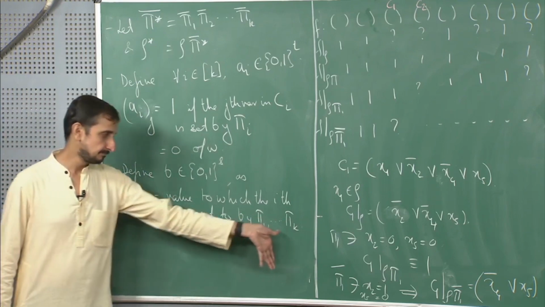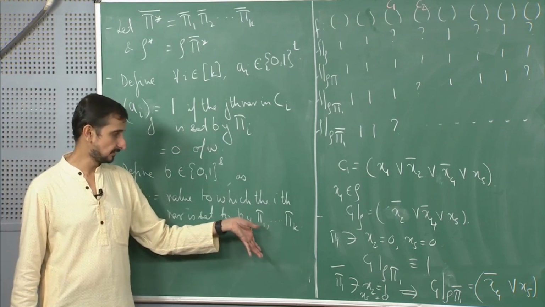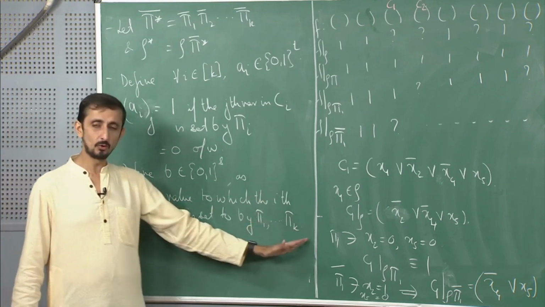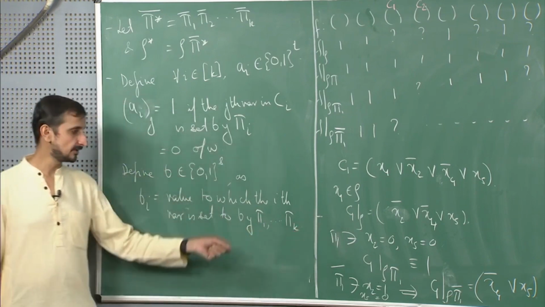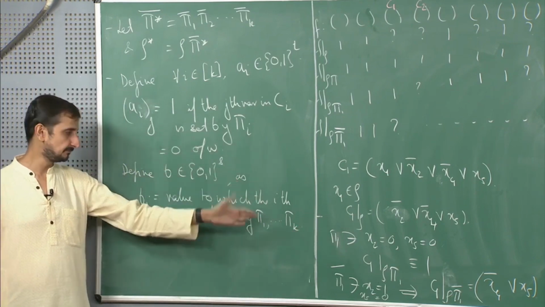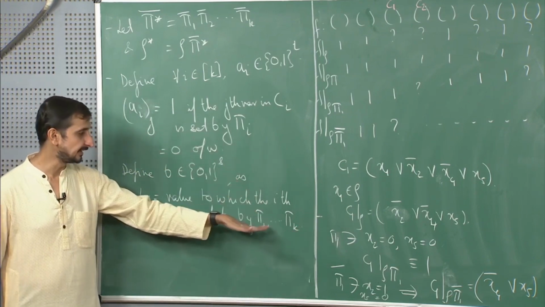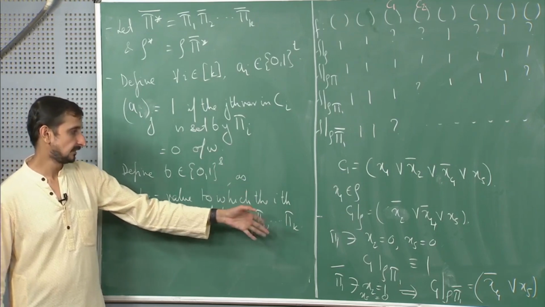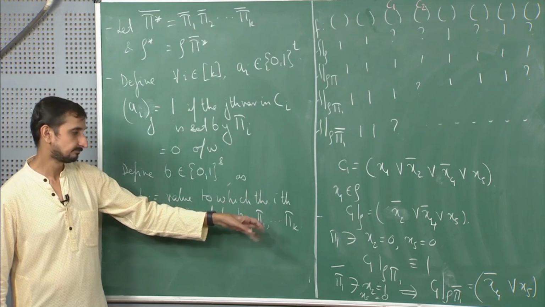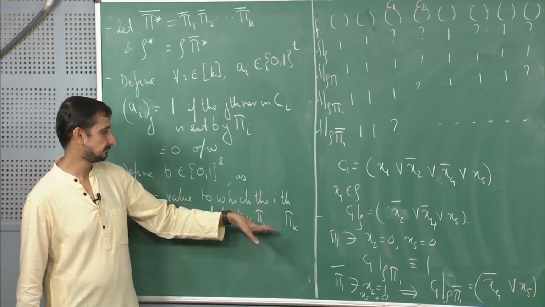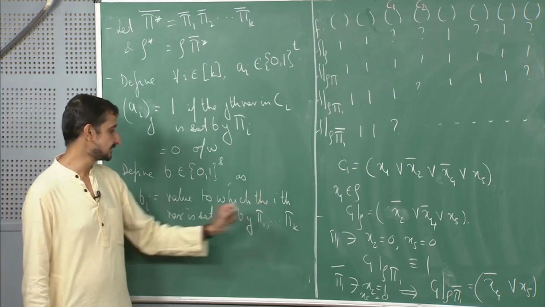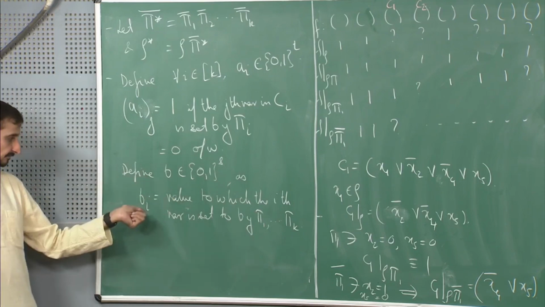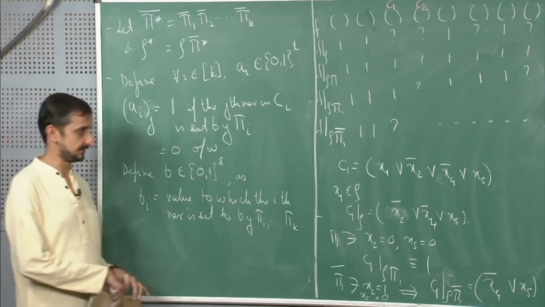Of course, note that all these pi's are distinct by the construction, they do not overlap. So, if some pi g is setting some variable to 0, then b_i of that variable will be 0, and otherwise it is 1.